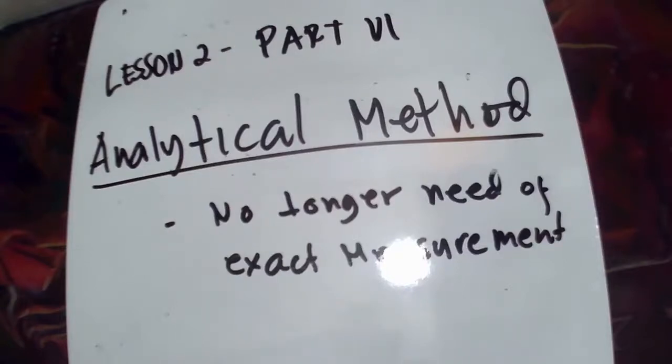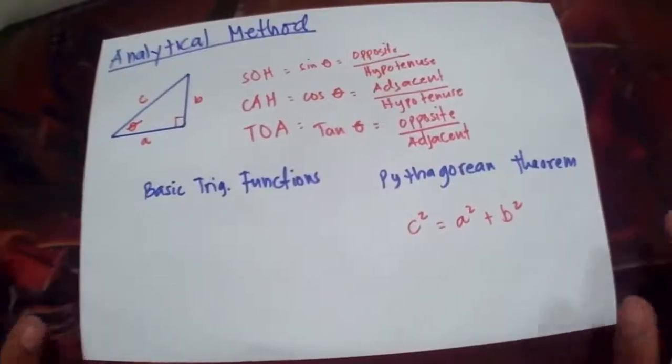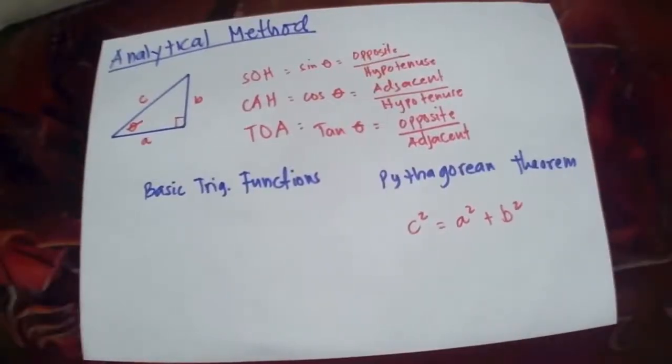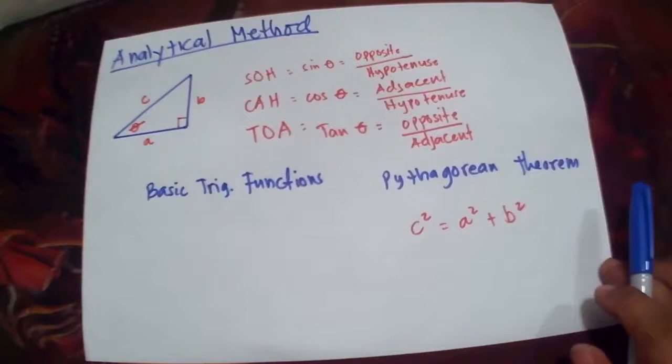Before we proceed to the sample problems, let us recall our basic trigonometric functions so that we can easily deal with vectors, particularly in solving the magnitude and direction of the resultant vector.